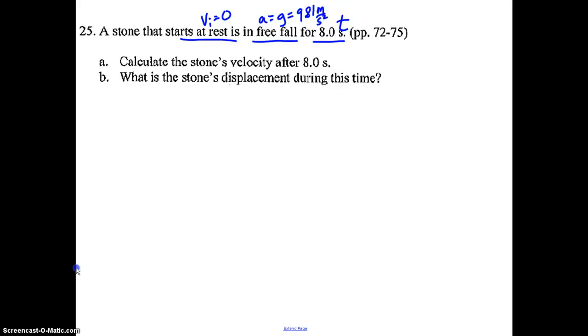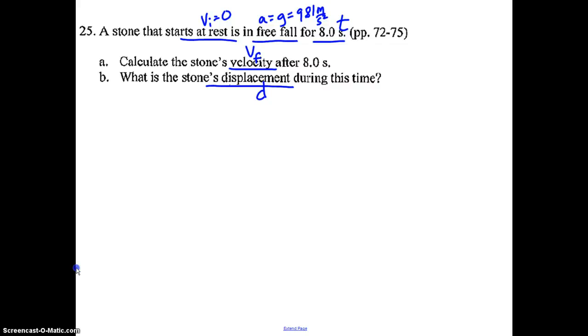Calculate the stone's velocity after the 8 seconds. That would be its final velocity. And what is the stone's displacement during that time? And that, of course, would be the d value.